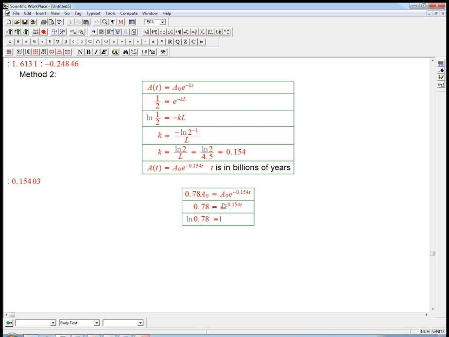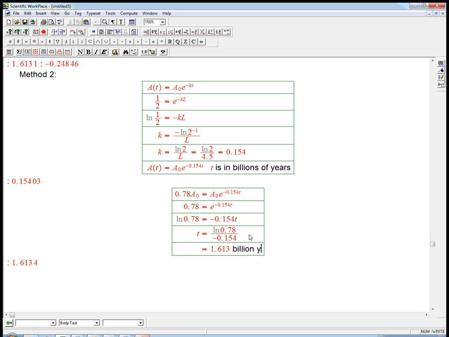And the nice thing here is that it really, again, just strips it off. And so T is just going to be ln 0.78 divided by minus 0.154. And that, let's see, does it give us the same answer? Yeah, 1.613. And again, billion years.